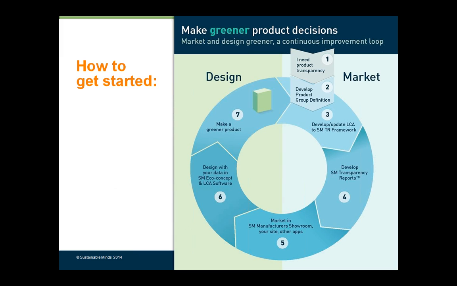When you develop these transparency reports, which are customer-facing documents, you will also be allowed to show, in step 5, what we call a manufacturer showroom, where more background information can be shown about the product. There's more marketing language that can go in there. So that's fully integrated and part of this process.